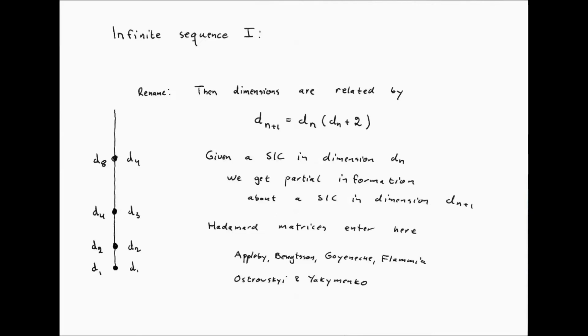And it turns out when you start looking at SICs in the first, the second, the third, etc. entry, you will find that if you know the SIC in, let's say, the third, then we cannot really use this SIC to define the SIC in the next, but we get lots of partial information about the SIC in the next dimension. And I should mention that the Hadamard matrices are not far beneath the surface here. If you're interested, you can look at these papers.